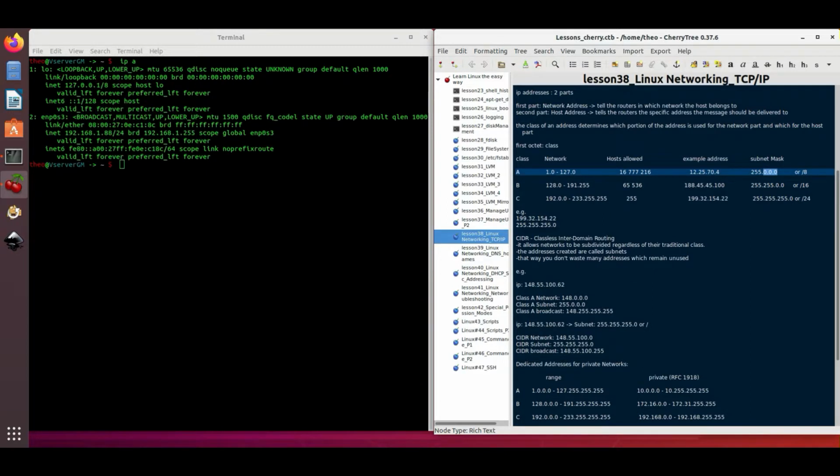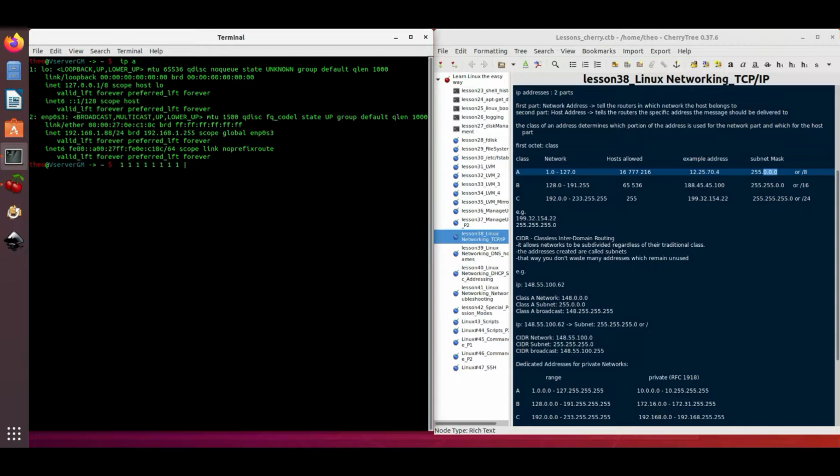If we want to demonstrate it with bits, an octet is 8 bits, which are either 1 or 0. And if it is 255, it means that we have 8 times the bit 1. 1, 2, 3, 4, 5, 6, 7, 8. And this would be the first octet.